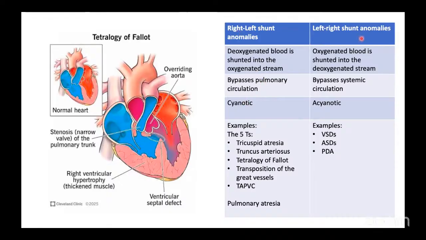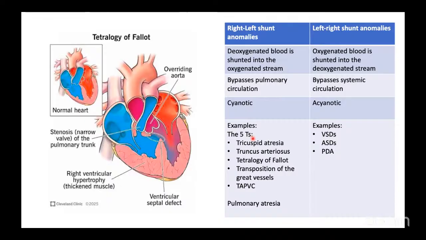As for left-right shunt, it's the opposite. It's acyanotic. Oxygenated blood enters the deoxygenated stream and goes back to the pulmonary circulation. It's acyanotic in most cases, as you still have some well-oxygenated blood going to the systemic circulation.